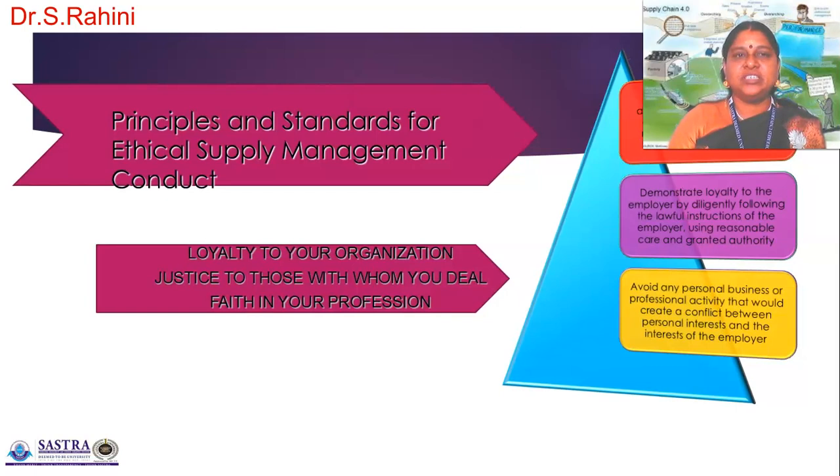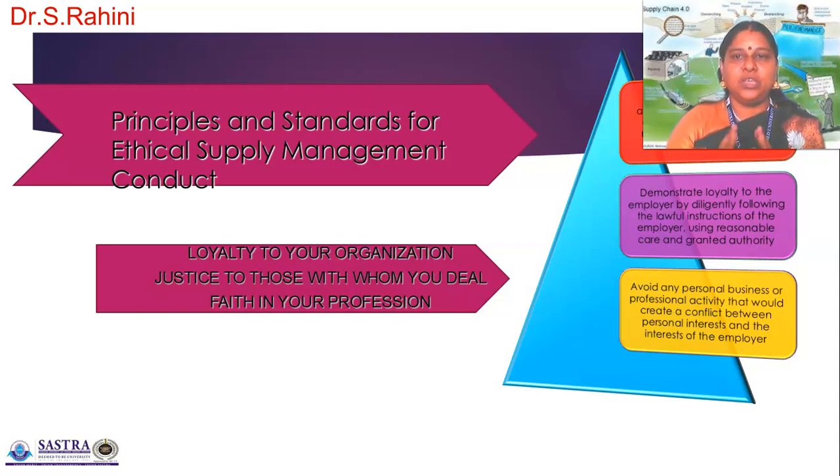The principles and standards for ethical supply chain conduct are: loyalty to your organization, justice to those with whom you deal, and faith in your profession. Avoid the intent and appearance of unethical or compromising practices in relationships, actions, or communications.